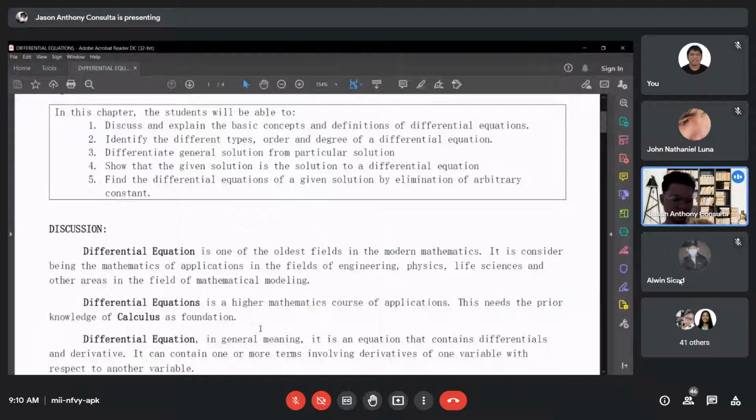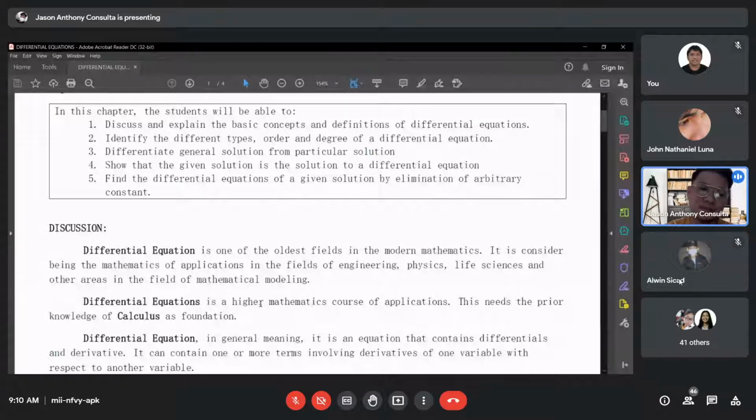So, differential equation, together with differential calculus and integral calculus and algebra, is one of the oldest fields in the modern mathematics.